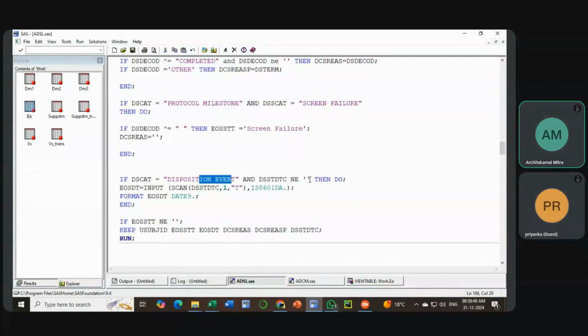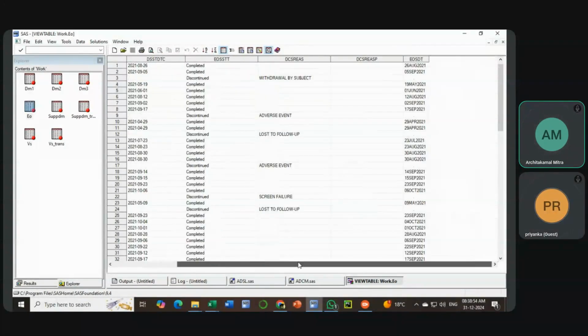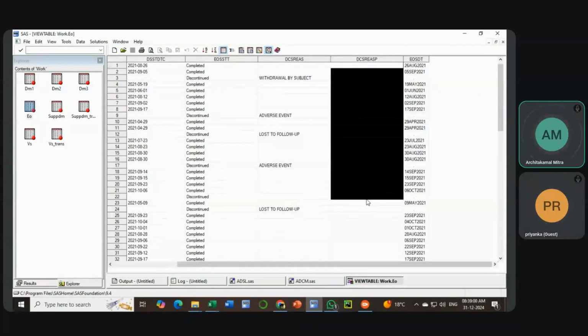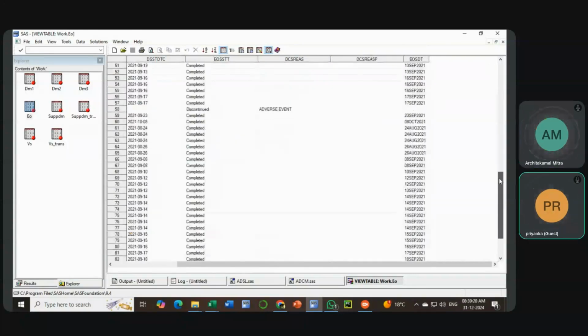If disposition event and DSSTDTC is not equal to null, then do all these things. This is completed, it has a date, and this is the end of study status, completed or discontinued. This is the discontinuation reason which we came up with, screen failure. Then we have the discontinuation specific end date and the end of study date. See, DSSDT is 2021-08-26, 26th August 2021. This is 5th September 2021. So these are the dates where the study was complete. Simple.